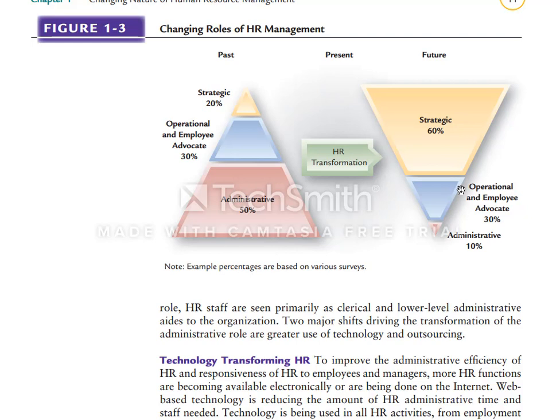And now it has changed the other way, or in the future it is expected that people would spend more time on the strategic role, then operational, and then least on the administrative. The reason for this is the technology has improved, so it has become easier for the people to do the job in that way.